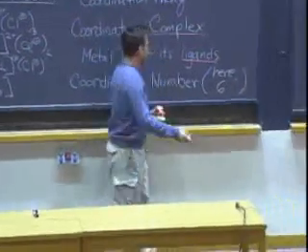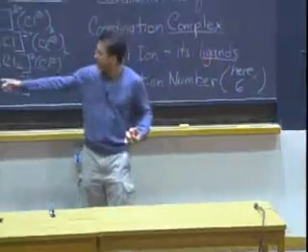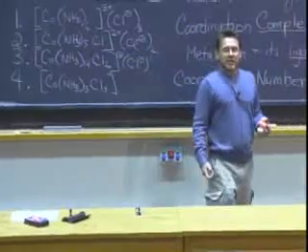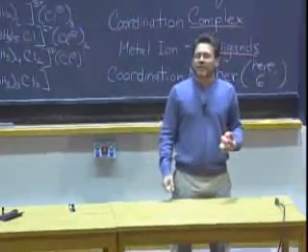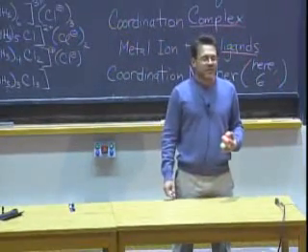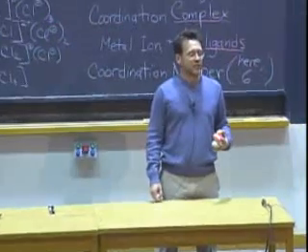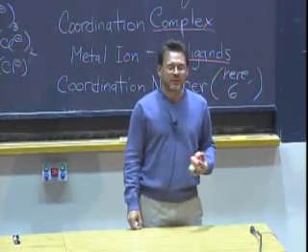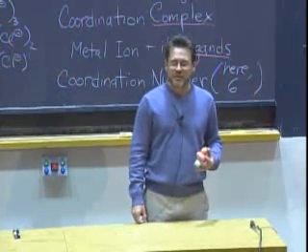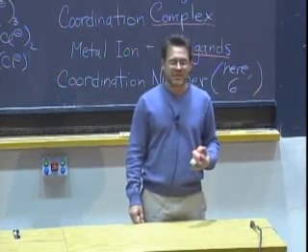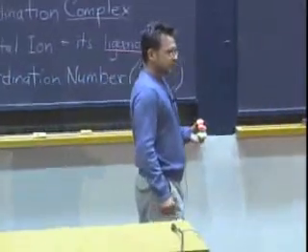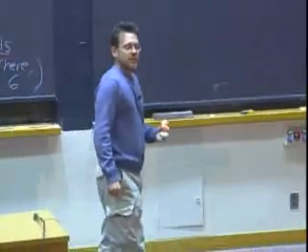And ligands don't have to be as simple as chloride or ammonia. Ligands can have some pretty interesting architectures. And you can even dream up new ligands with which to decorate a metal ion and with which to imbue it with special properties for purposes like catalysis. Okay? We'll be talking soon about metalloenzymes.